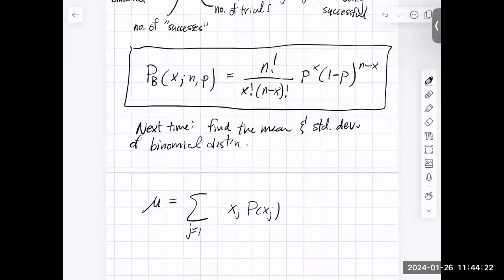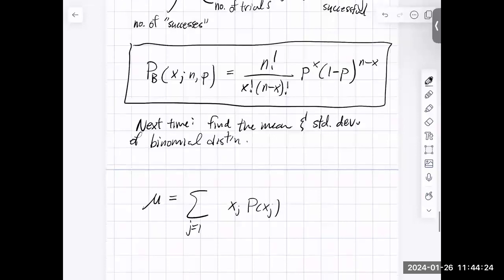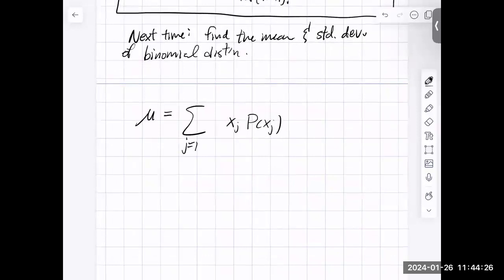When we do the standard deviation, what we're going to try to evaluate is this. So remember sigma squared, we had a neat way of writing this, right? We wrote it as the average of x squared minus the square of the average of x. And so this is going to be mu squared.